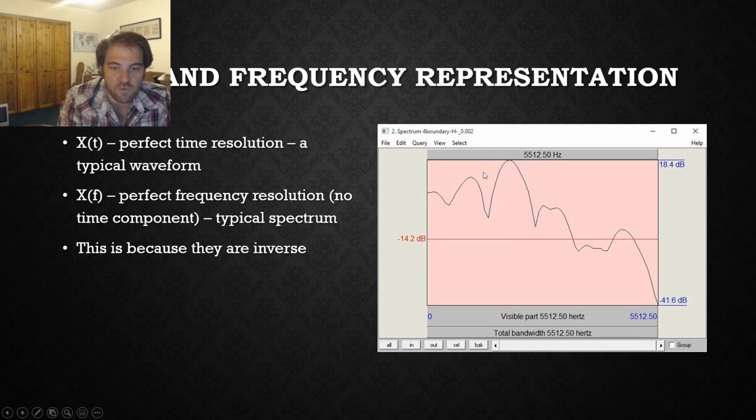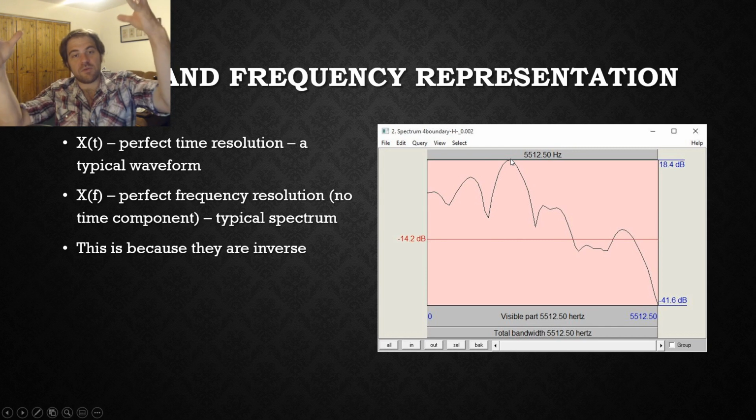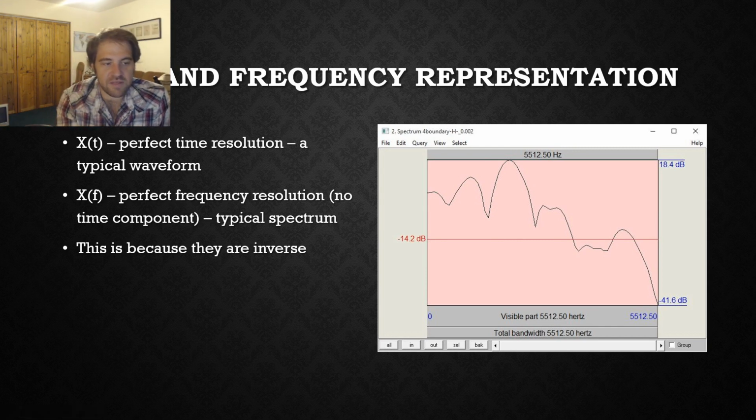So if this was a voice, you might see this right here. This is the fundamental frequency, which is the lowest harmonic peak. And then you might think that this is the first formant, which is a harmonic peak that is amplified. So that's what we use these for. Okay.